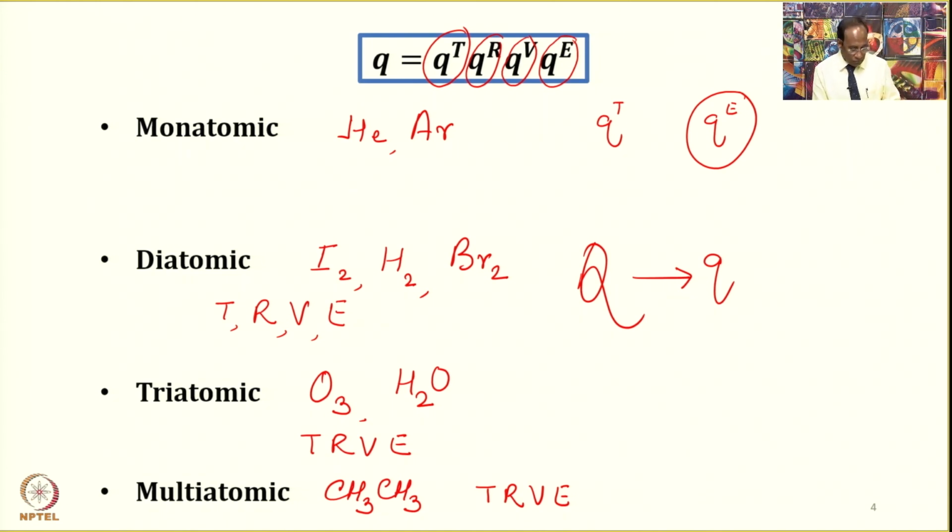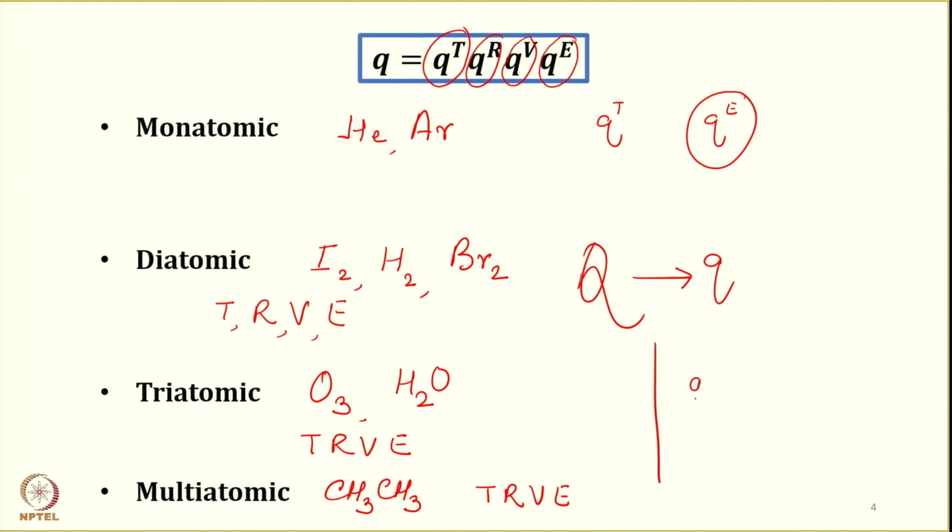That is, q is equal to summation over j of gj exponential minus beta Ej.